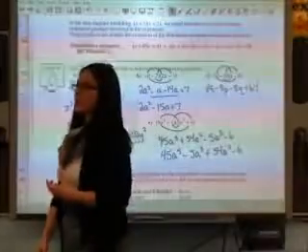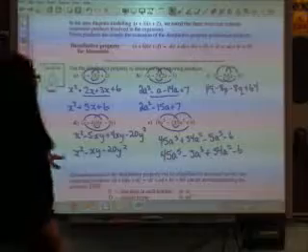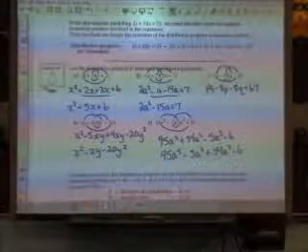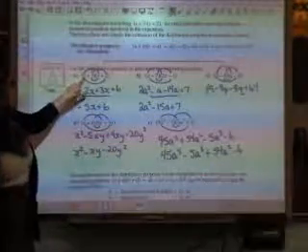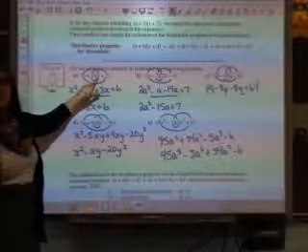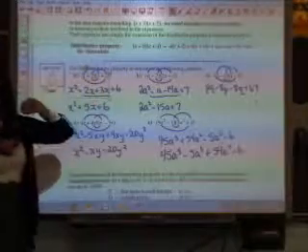Now, if you talk to classes above you about the distributive property and multiplying this out, they will use the word FOIL. Oh, you FOILed it. FOIL stands for first term times the first term, so x times x was the first times the first.